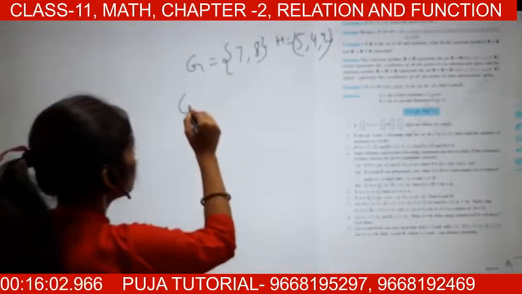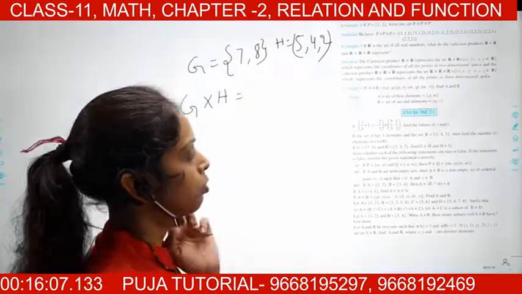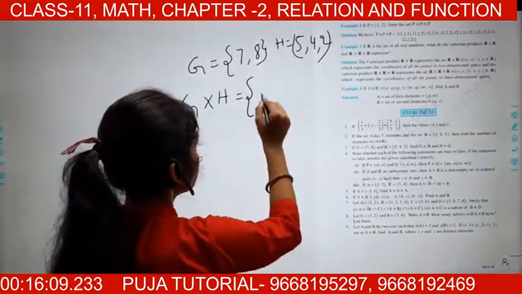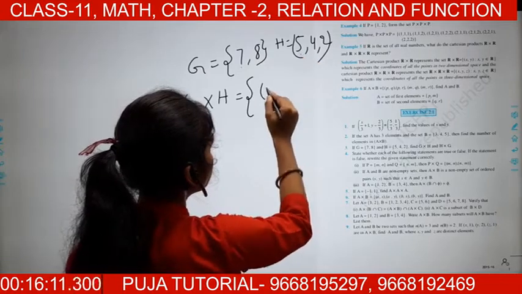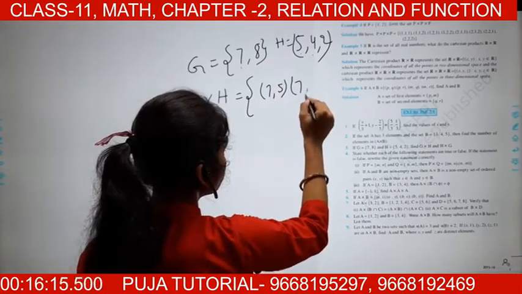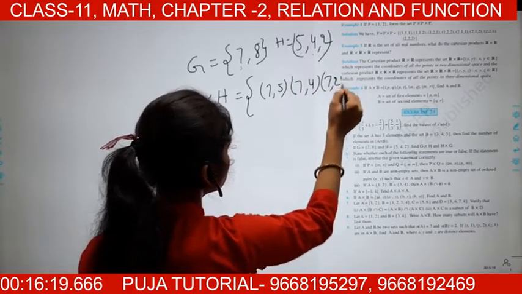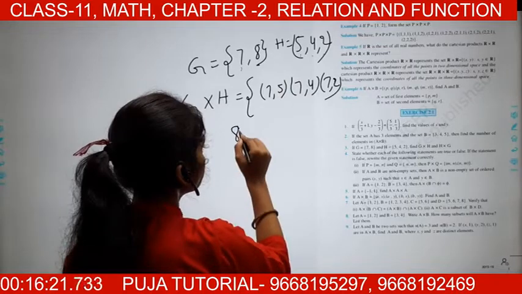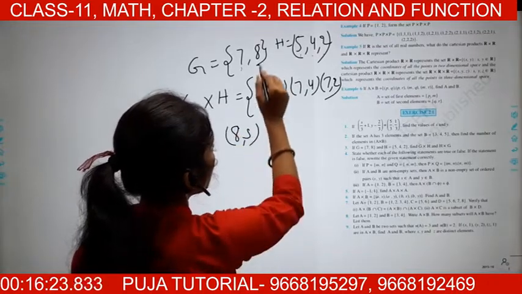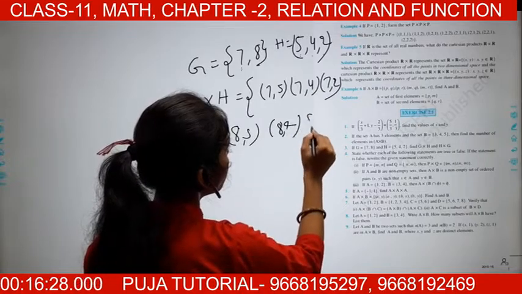Then G cross H will be, what do we get? 7, 5, first one, second one 7, 4, third one 7, 2, 8, 5, 8, 4 and 8, 2.